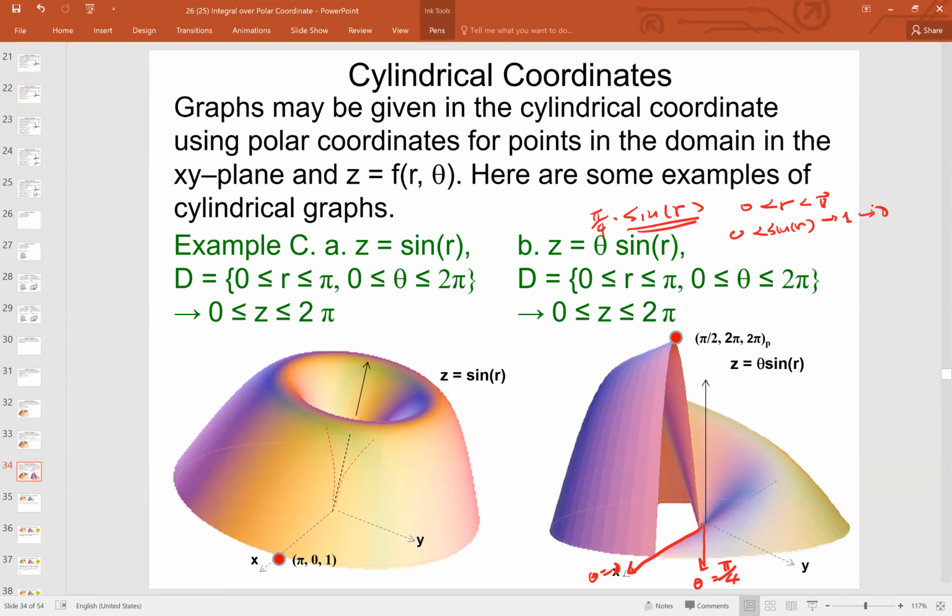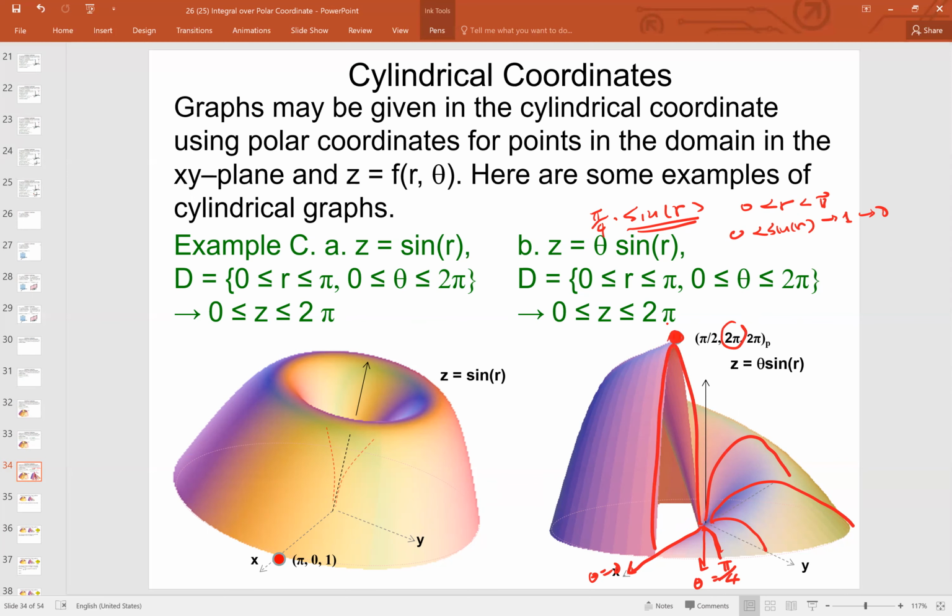back to 0. So it makes a little kind of like a little sine curve. Then as theta increases, the angle gets bigger and bigger, then the sine curve gets higher and higher until when theta becomes 2 pi, then the curve is this one in particular.